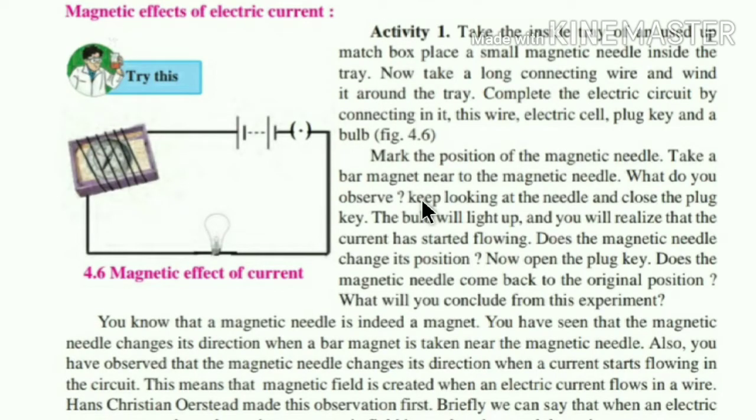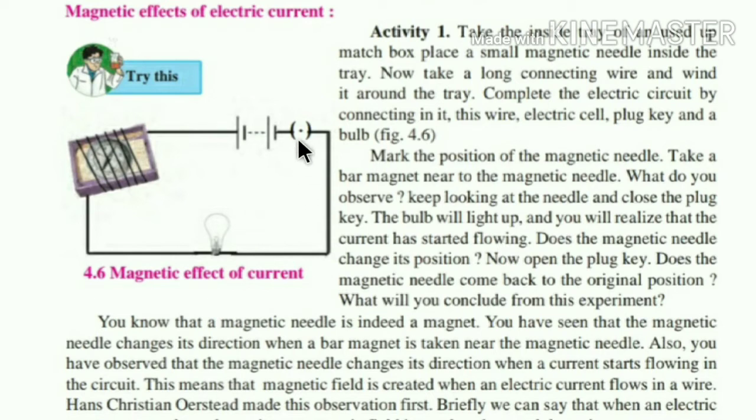Then next question: keep looking at the needle and close the plug key. This is the plug key, and this plug key is in the closed position. When we close this plug key, the circuit is completed, the bulb will light up, and you will realize that the current has started flowing.